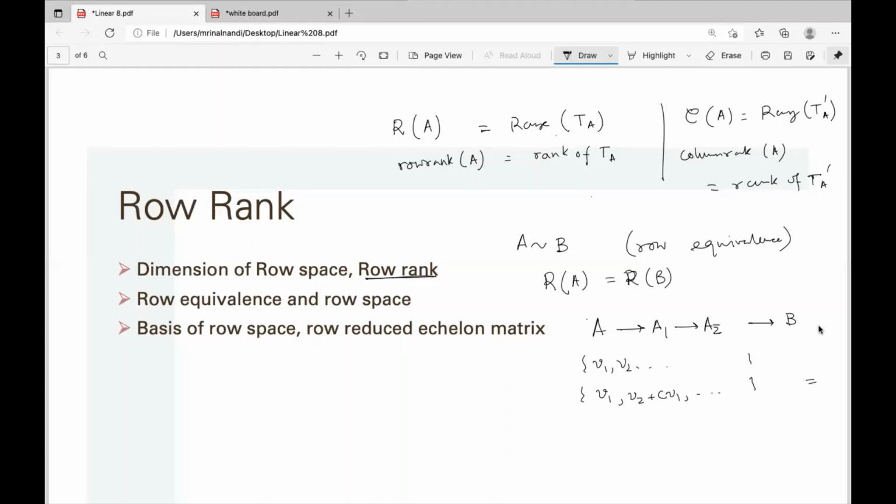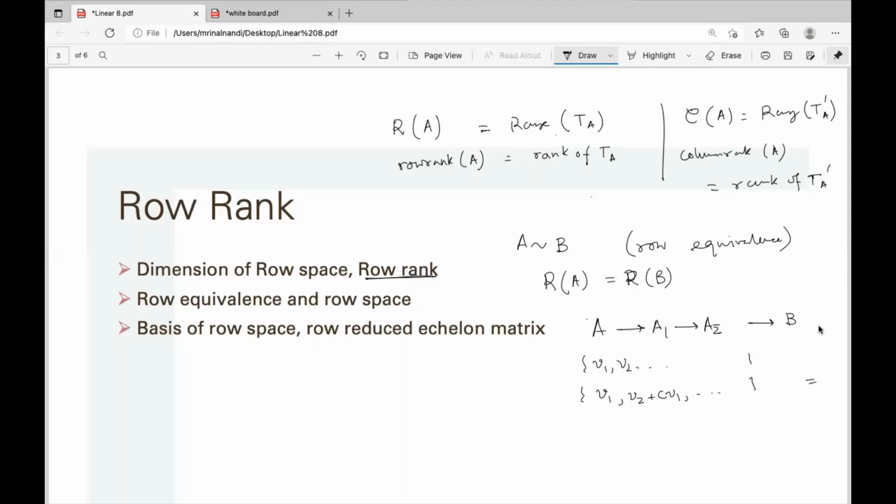So if A and B are row equivalent, you first find P. To find P, what you have to do? Take a row of B, find the coefficients that give the first row of B, put them in the first row, and do this for every row.